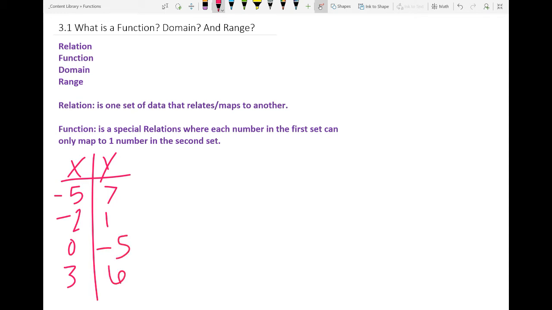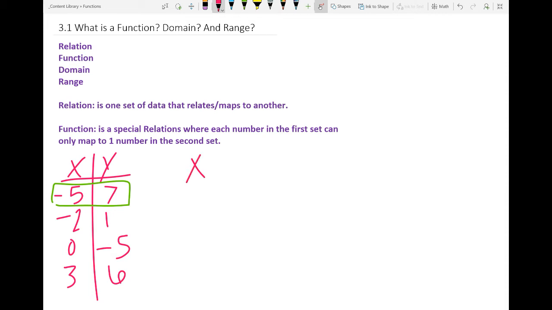This would be an example of a function, because if we look at our first set, which is our x's, each number only goes to one other number. Okay. Another example might look like this.